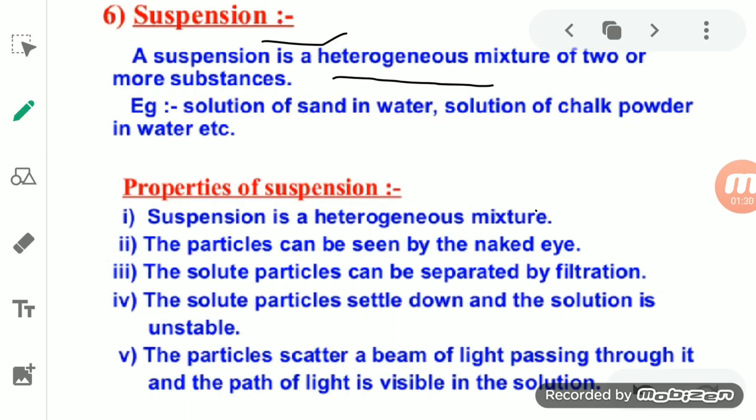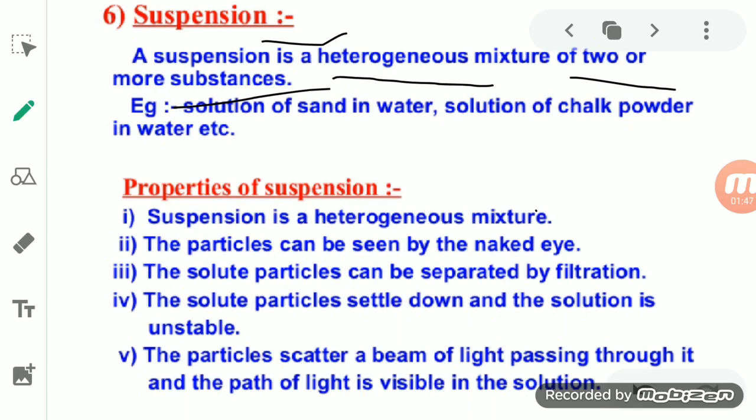So suspension is a heterogeneous mixture of two or more substances which are insoluble, or which remain undissolved in that liquid. A very good example is the chalk and water mixture.